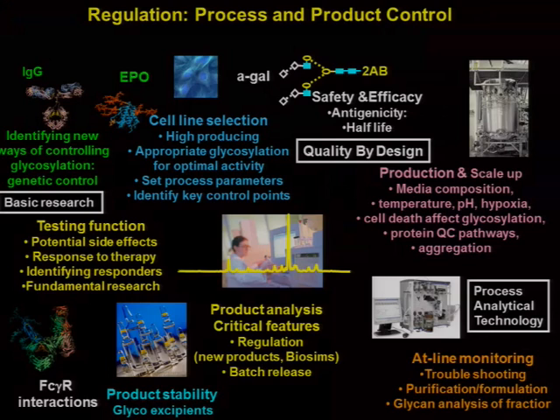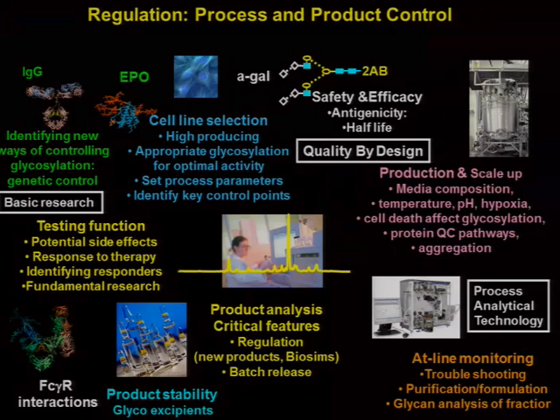So you can see there are many different reasons why you need to do glycoanalysis, and you don't use the same methodology for every case. So the sort of analysis you might do here will be very different from the sort of analysis you'll do if you're just looking for alpha-gal residues, or if you're just tracking a well-known process analytical technology.